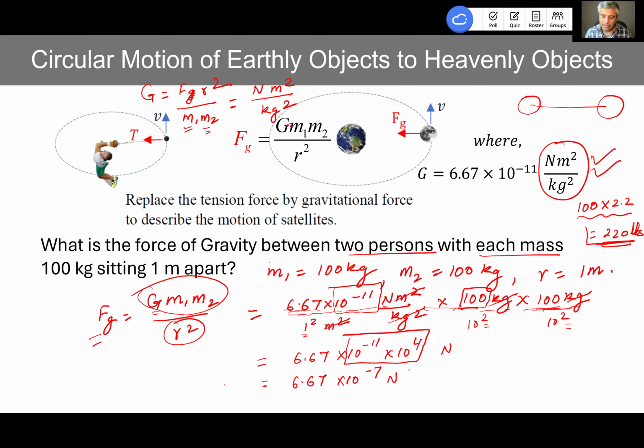And this is Newton. Yeah, this may be a little bit painful for you if you are not used to it. So you can just use calculator. But when you are dealing with very large numbers or very small numbers or a combination of those, this comes in handy, okay? And you'll be dealing with this kind of number in physics 2 as well if you decide to take physics 2, okay?